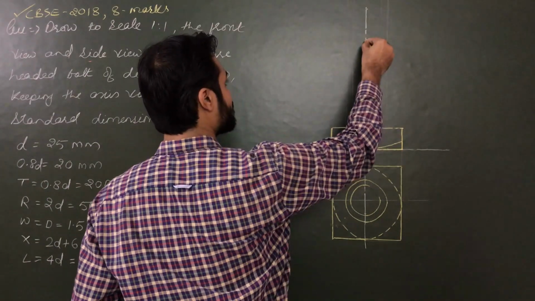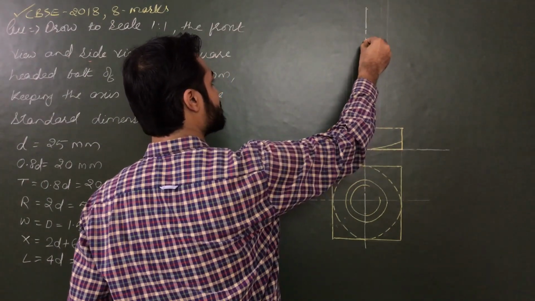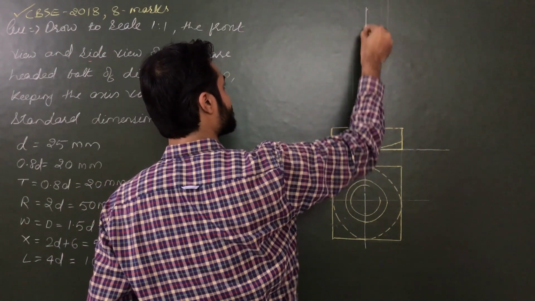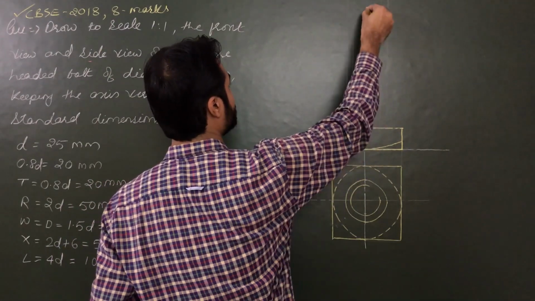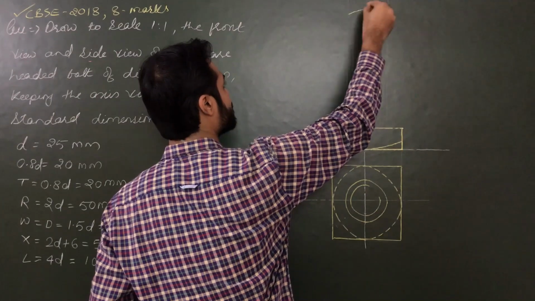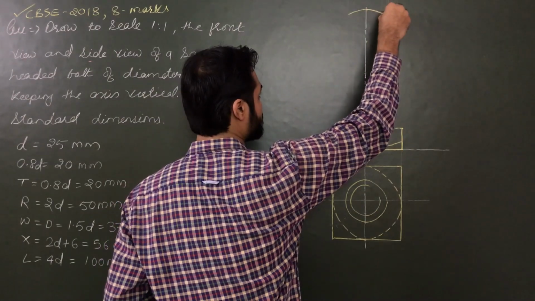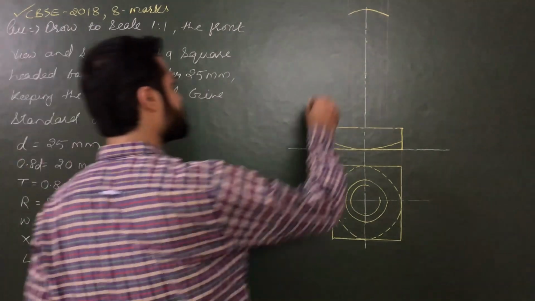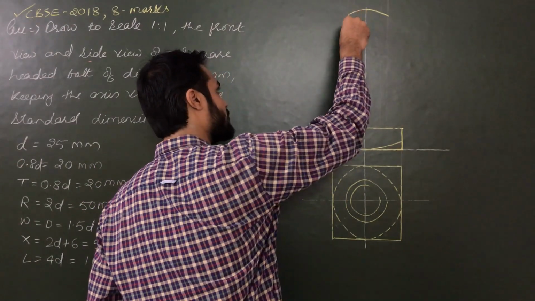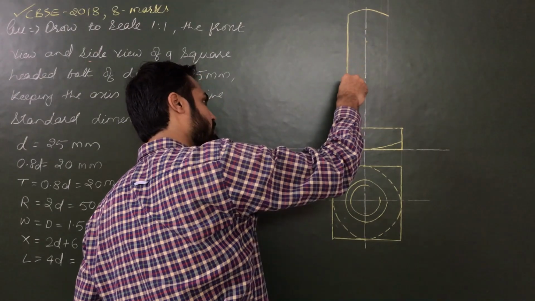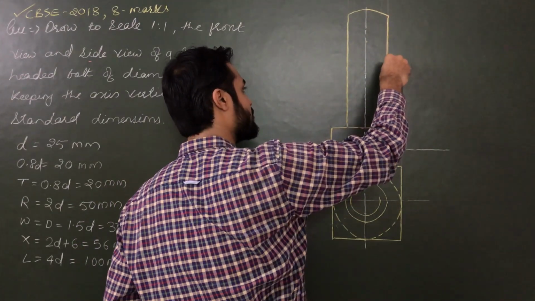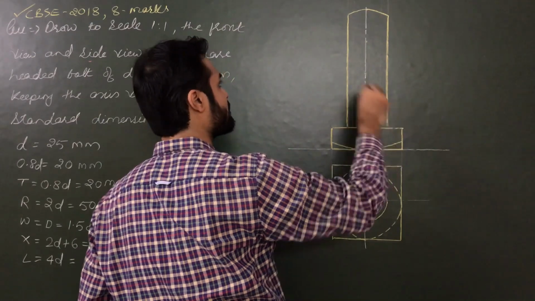So from this point, mark the center at a distance of d, d equals 25, and taking this as center, with r equals d as radius, draw its tail like this, right? And after this you can show it by dark pencil.